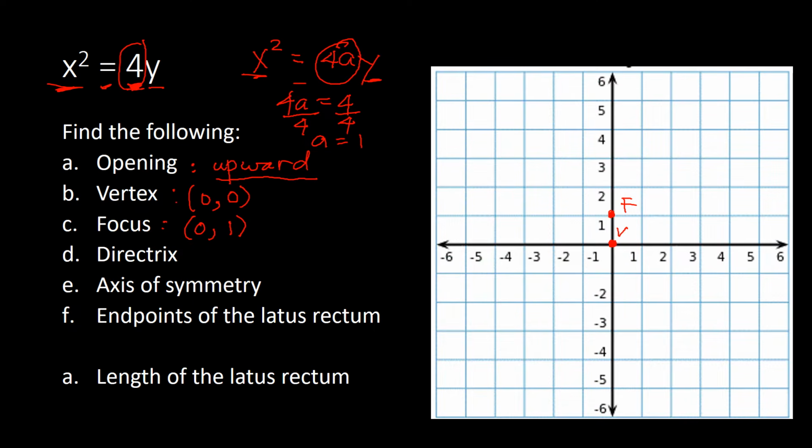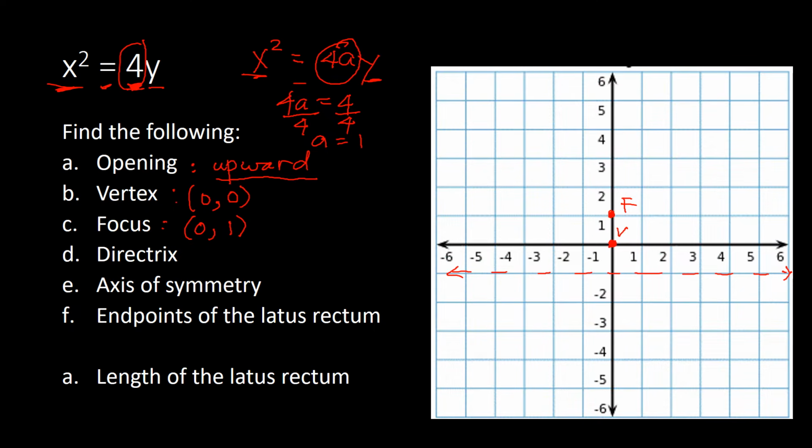Since a is 1, we count from the vertex down 1 unit. But take note, the directrix is a line, so we draw a line passing through that 1 unit from the vertex. So this will be our directrix.